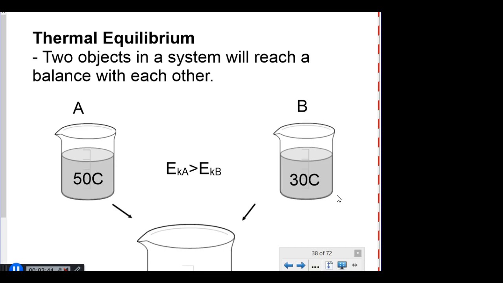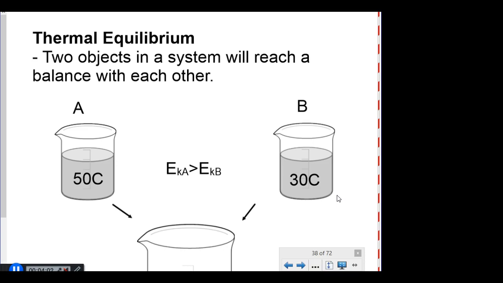Same amount of water. So somewhere in between. Logically, you have an understanding of what we're getting at here.